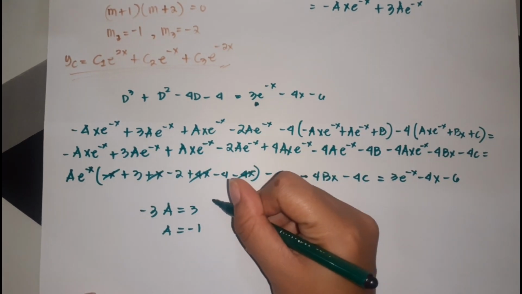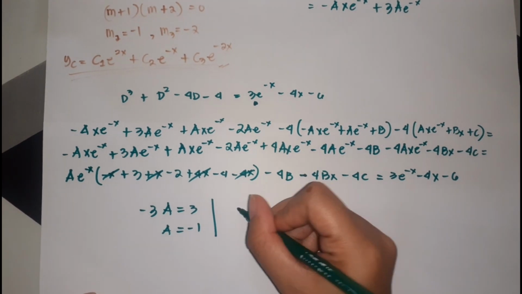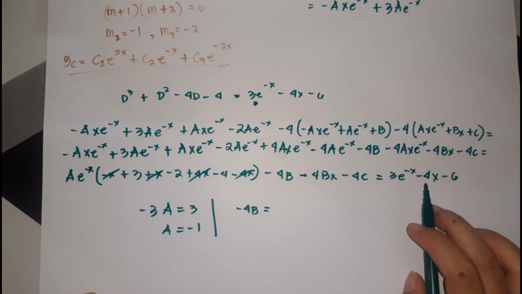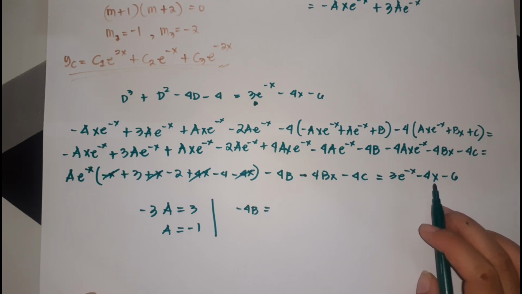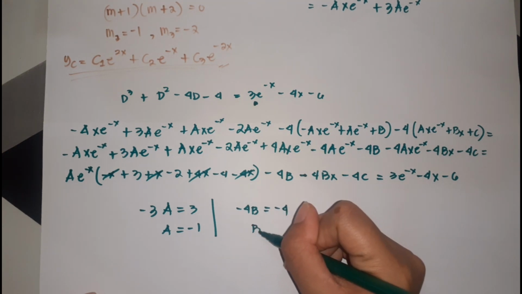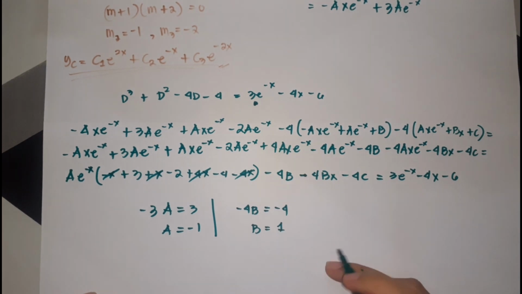To get the value of b, our negative 4bx, we equate this to the constant of the negative 4x here. So negative 4b equals negative 4, and b equals positive 1.